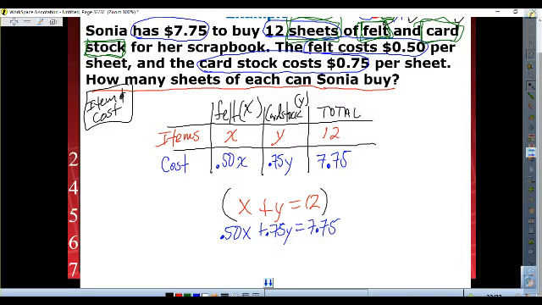Did everybody hear that? Multiply times negative 0.75. Distribute: negative 0.75x, negative 0.75y equals negative 9.